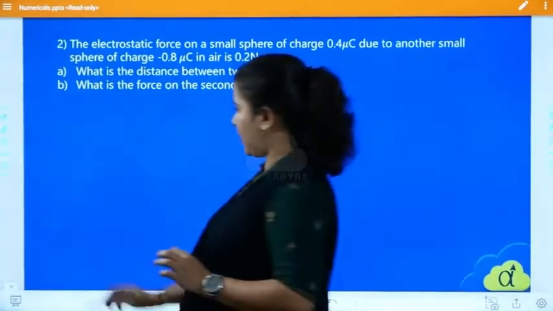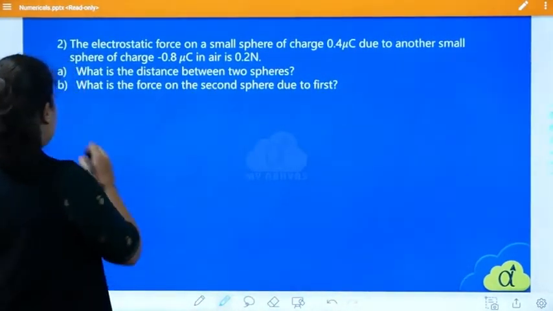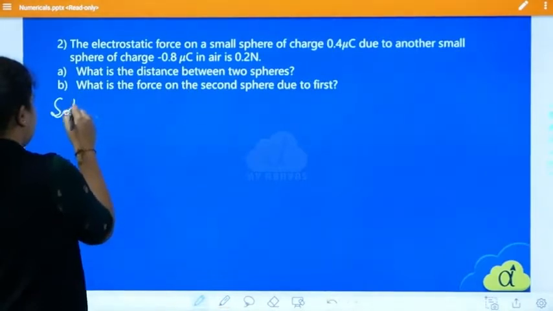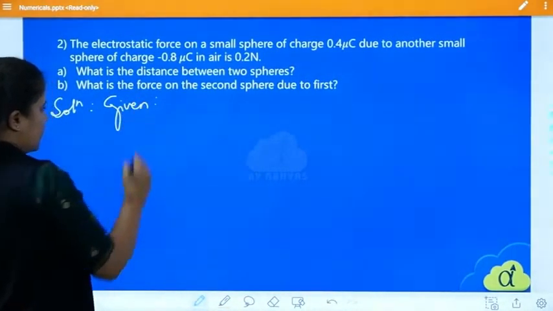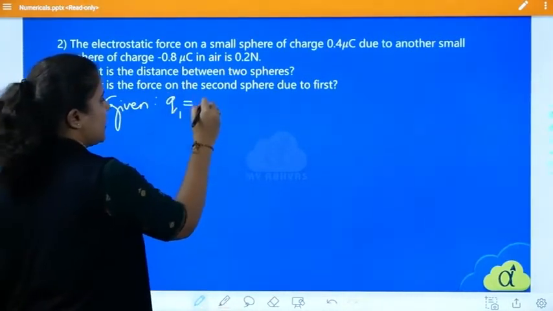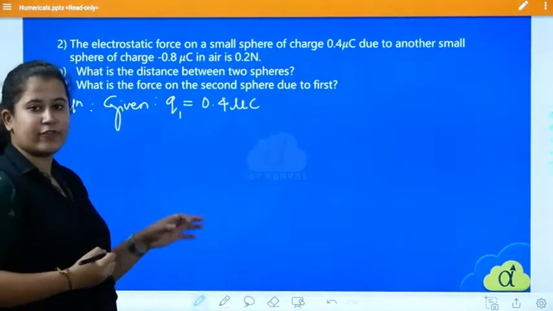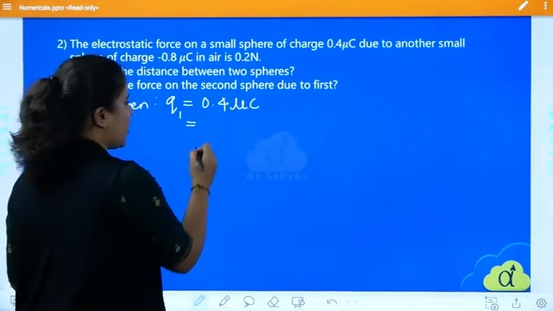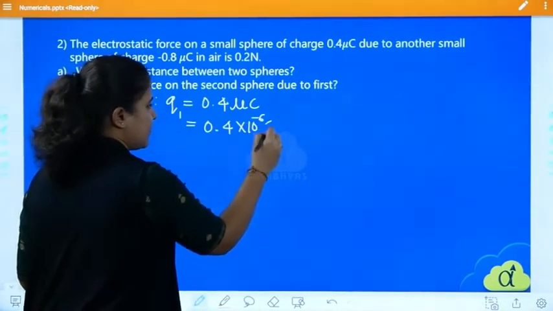Coming to the equation, first write down the solution, and in that we have the given. So what is given? The first one is Q1, which is 0.4 microcoulomb. This 0.4 microcoulomb can be written as 0.4 into 10 raised to minus 6 coulomb.